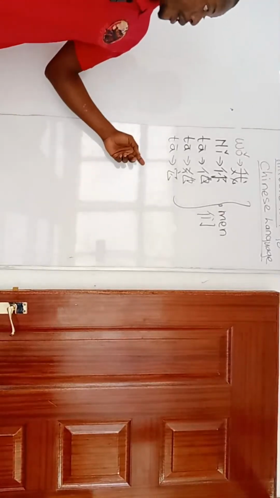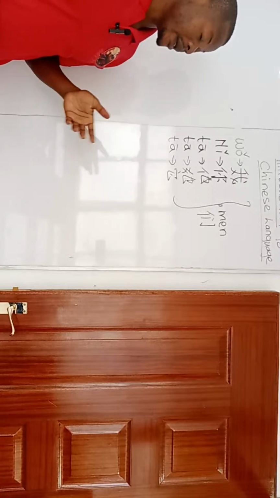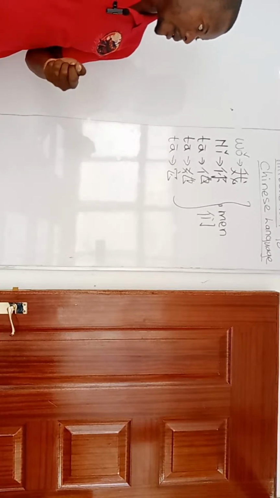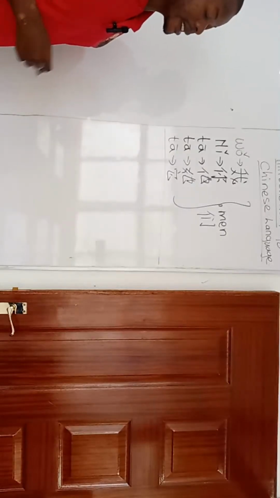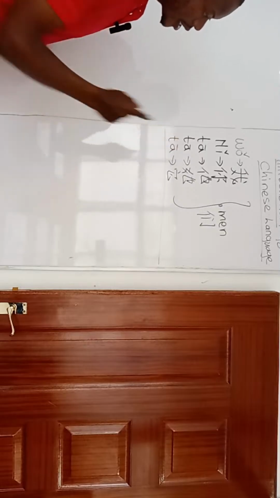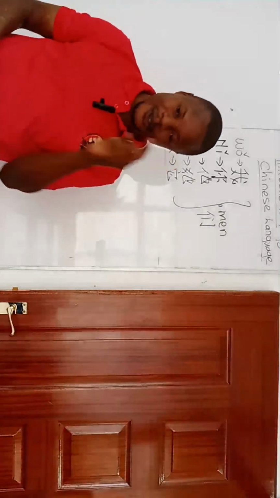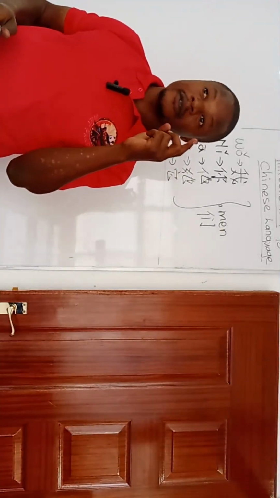So up to this point, these are the personal pronouns that we look at in the Chinese language. Now let's carry on. We are going to look at how to make this into a sentence. That means we have demonstratives, we have verbs.